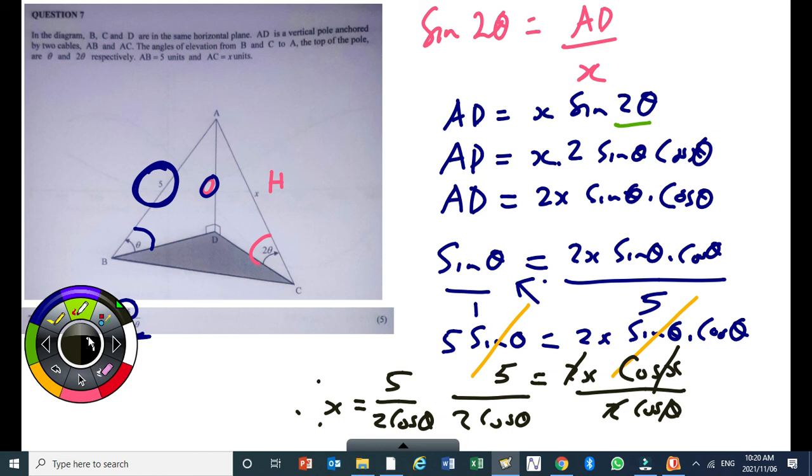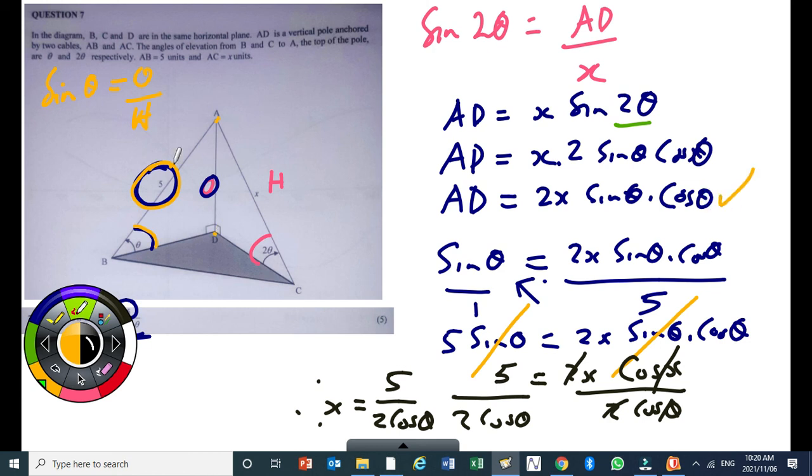If you look at this triangle here, ABD, we calculated AD. We know here this angle is theta. This is the hypotenuse here, 5. From grade 10, we were taught that sine theta is equal to opposite over what? Hypotenuse. Your opposite side will be AD, and AD is equal to this.